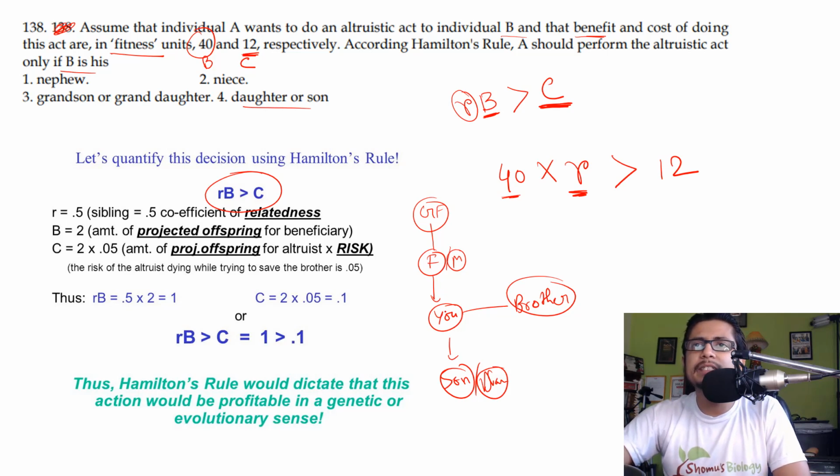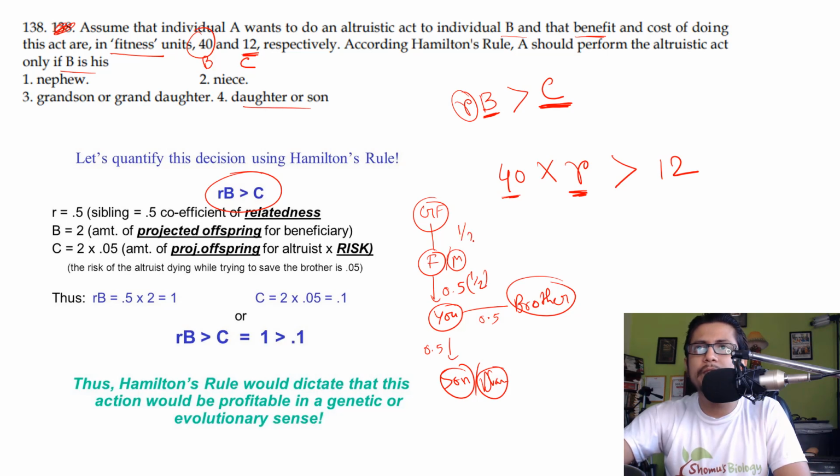The genetic relatedness between you and your father is 0.5. Between you and your brother, 0.5. Between you and your son, 0.5. Means half.